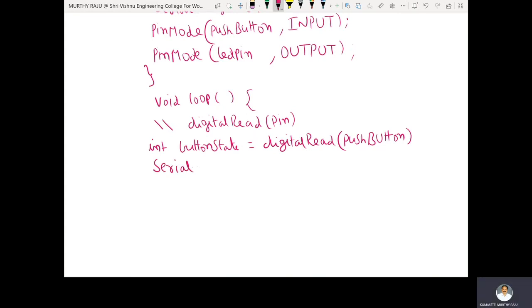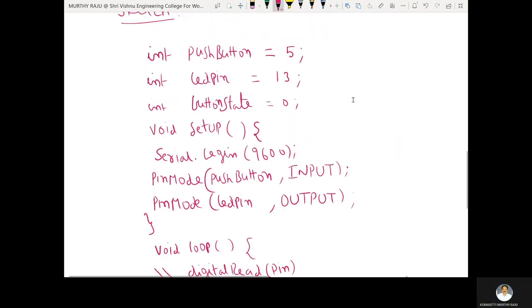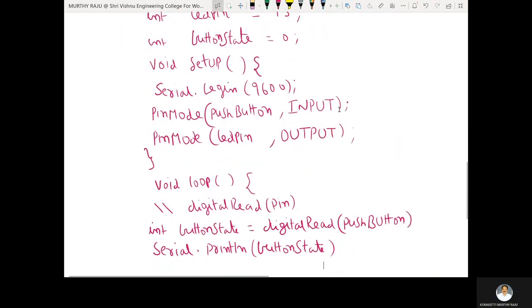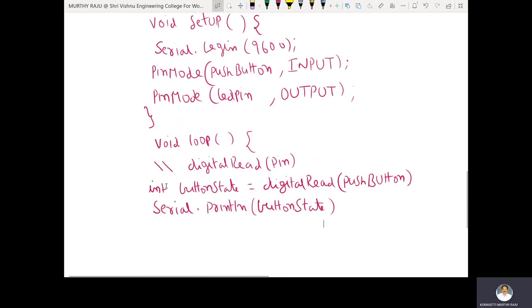Serial dot println, button state. Here need not use integer because already declared.